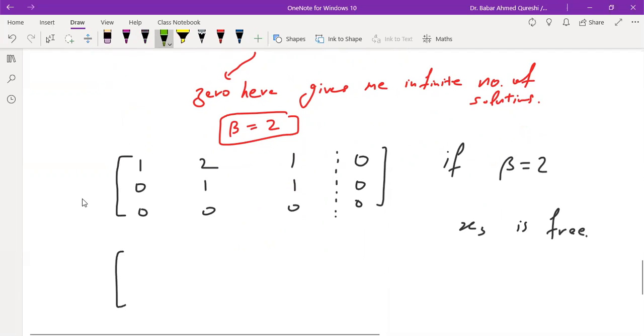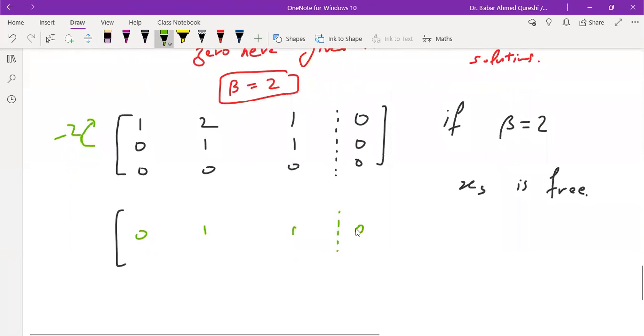So I can do -2, 0, 1, 1, 0, 0, this is a 1, 0, -2 plus 1 gives me a -1.